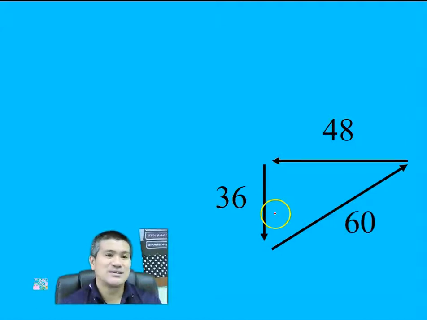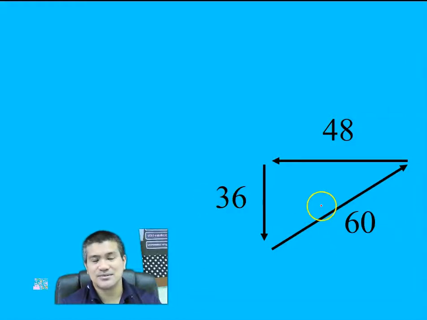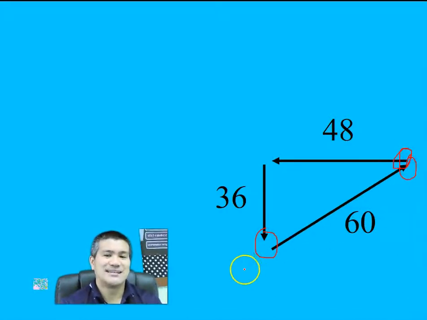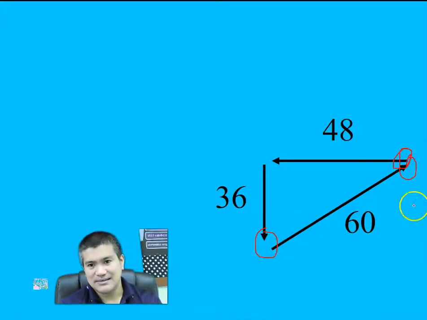Therefore the length is the square root of 3,600, which equals 60. So that is the distance from this point to this point. That is the length of this side.